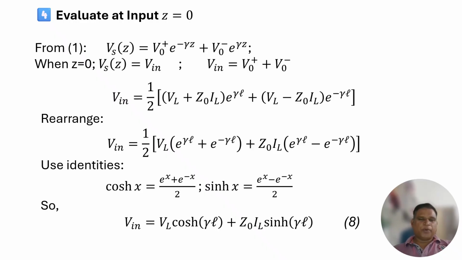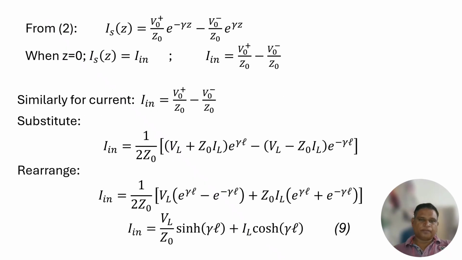Here, the hyperbolic function cosh x is equal to e power x plus e power minus x by 2. Similarly, sinh x is equal to e power x minus e power minus x by 2. So by rearranging these terms, you can write Vin is equal to VL cosh gamma L plus Z0 IL sinh gamma L. From equation 2, we also get Iin is equal to this equation.